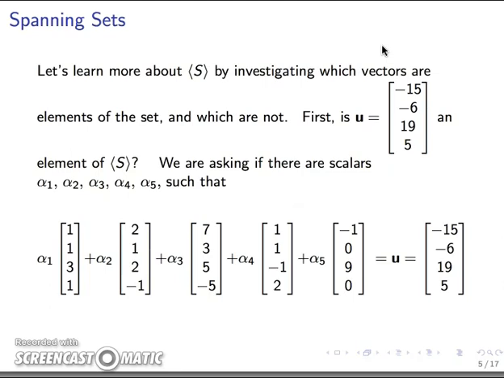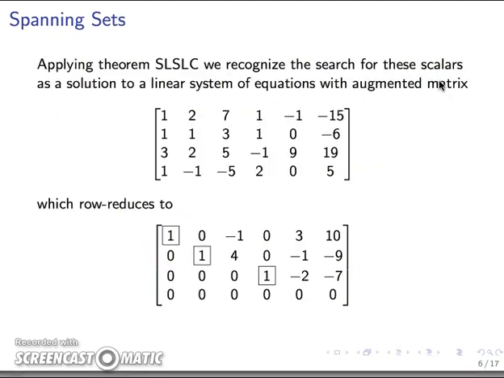So we can form the augmented matrix, using the candidate vector as the vector of constants in the last column, and we can row reduce and calculate the solution set if there is any.